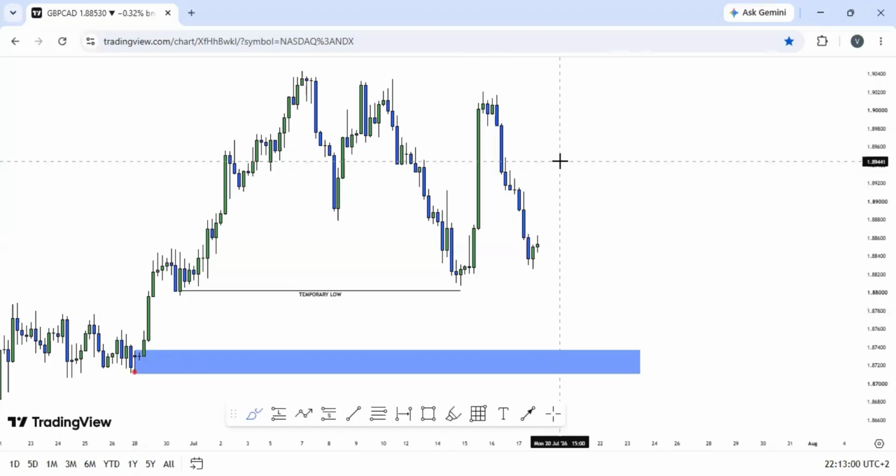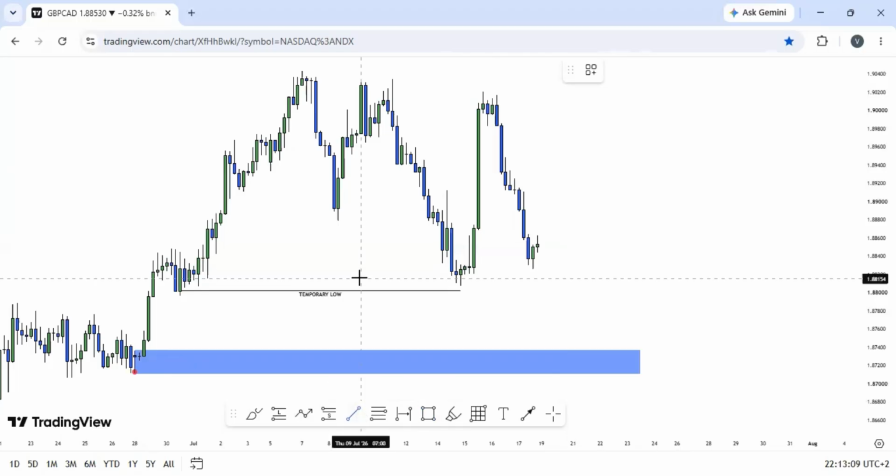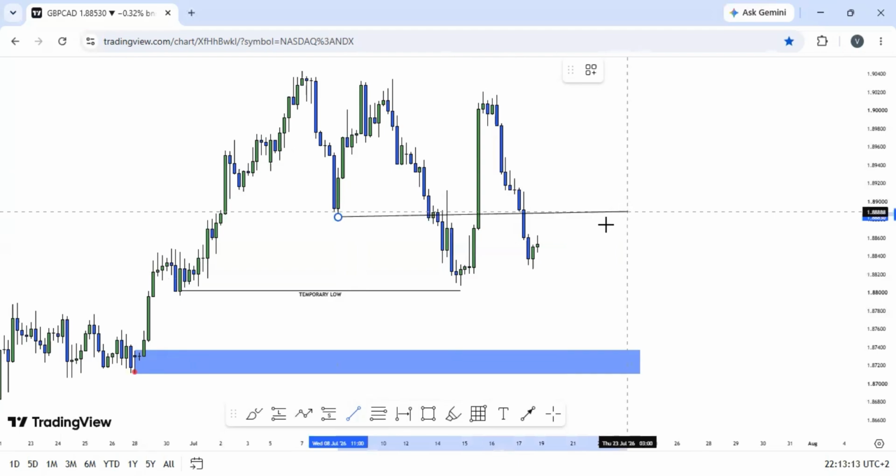On GBPCAD, if you want to take a trade yourself, you can come this side. As you can see, we have our support and resistance, our SNR level here.